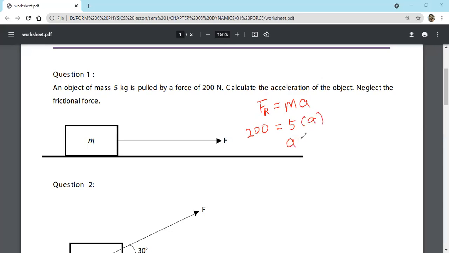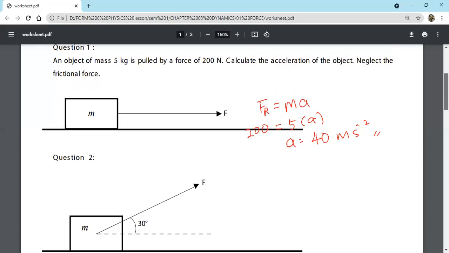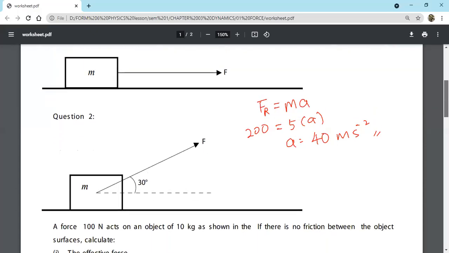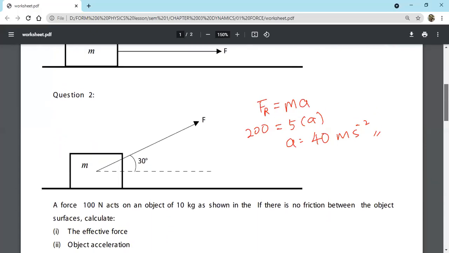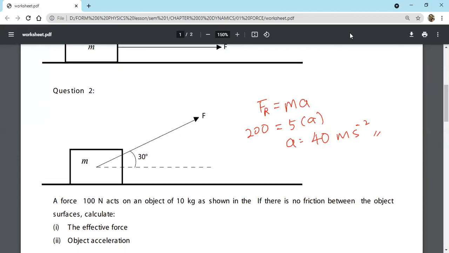What is the acceleration? So acceleration will be equal to 40 ms^-2. Okay, easier, right? Now we move to the next question.